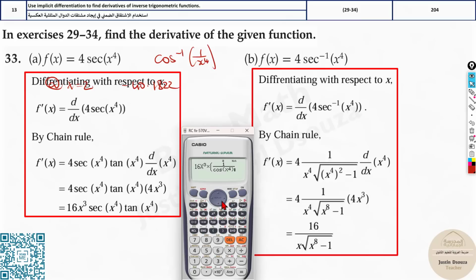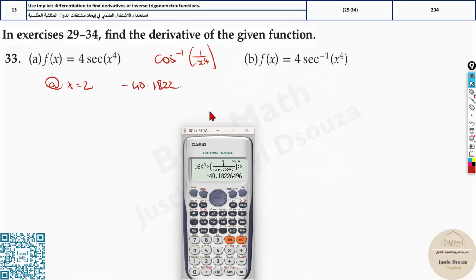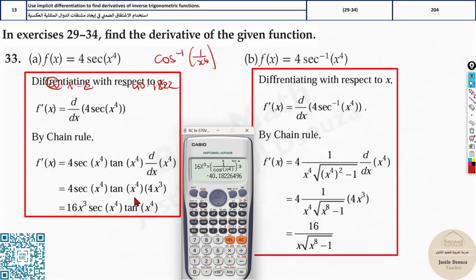Close the bracket, even close the bracket here, multiplied with tan of x to the power 4. Sorry, it's power 4, and you just close the bracket properly here, and that's it. Calculate it at 2, it must be 40.1822, and that's the answer. Yes, absolutely, only one will be the correct answer.